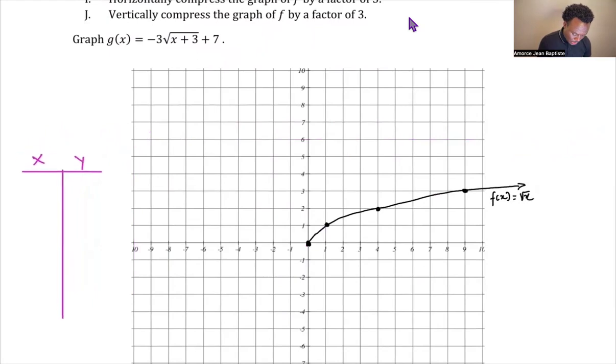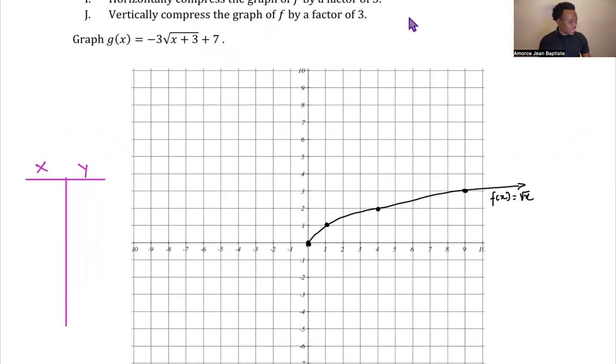Now I'm going to type that function in the calculator, and the values I get are for x equals -3, we get 7. For x equals -2, we have 4. X equals 1, 1. And x equals 6 is -2.